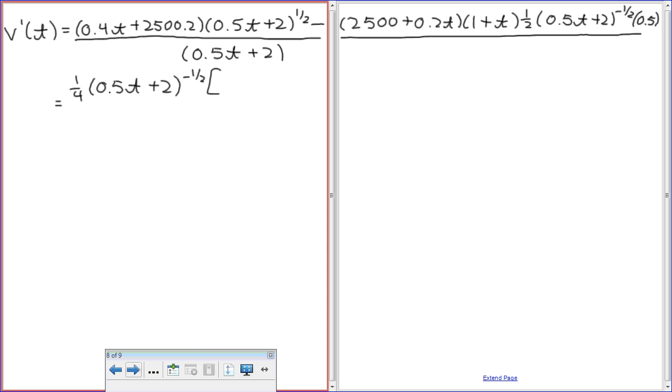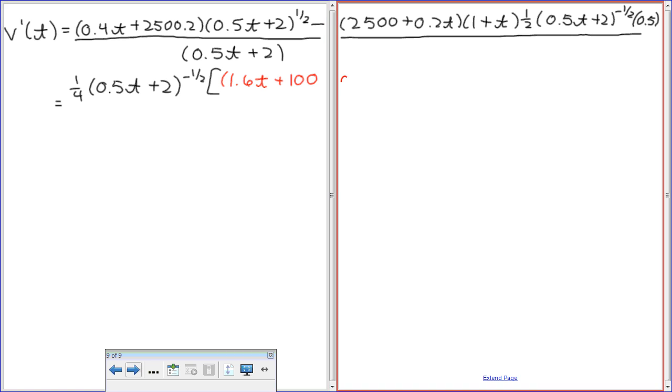0.4 divided by a quarter, I think, is 1.6. Right? 2,500 times 4 is 10,000.8. You said it. And then that's going to be times 0.5t plus 2 minus 2,500 plus 0.2t.